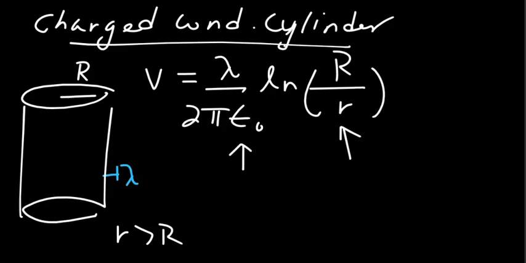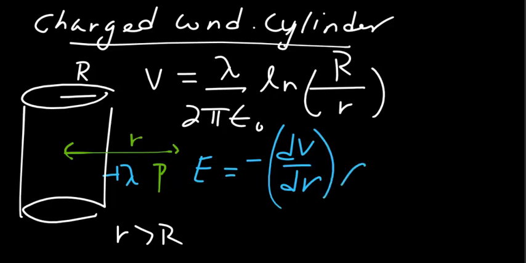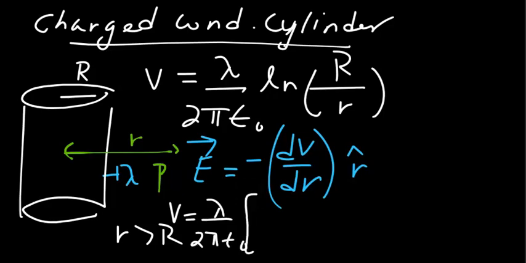Let's assume you want to determine the electric potential at that point, and that point P is at distance little r from the center. So that's what the little r is. What about the electric field at point P? It is given by minus dV/dr, and it points in a radial direction. We note that the electric potential is given by a natural log expression: natural log of R minus natural log of little r.